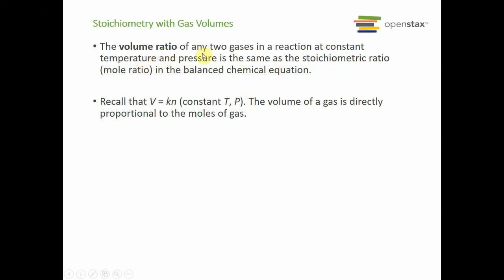And so the classic example of this is that if you generate hydrogen and oxygen by electrolysis, you'll get about twice the amount of hydrogen gas than you get oxygen gas, and it indicates the stoichiometric ratio in the balanced chemical equation.